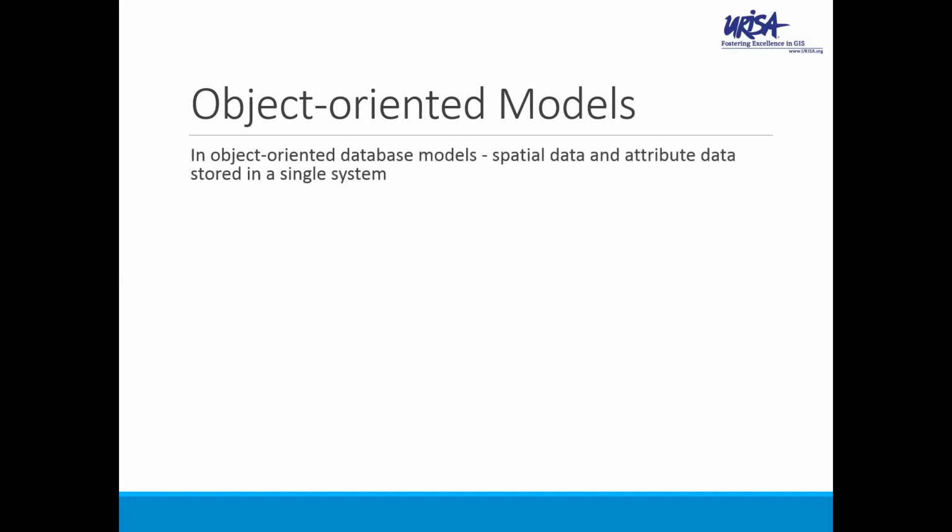Object-oriented database models represent a very much of a leap forward over the traditional georelational data models, because the spatial and attribute data are essentially one and the same and are actually stored in the same system.